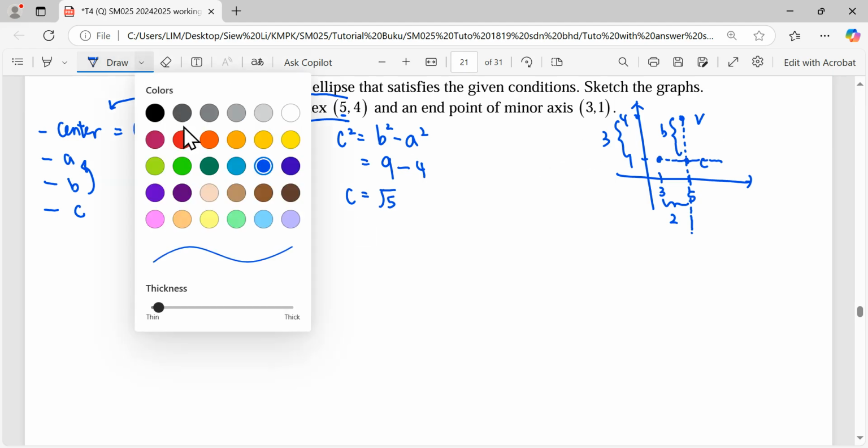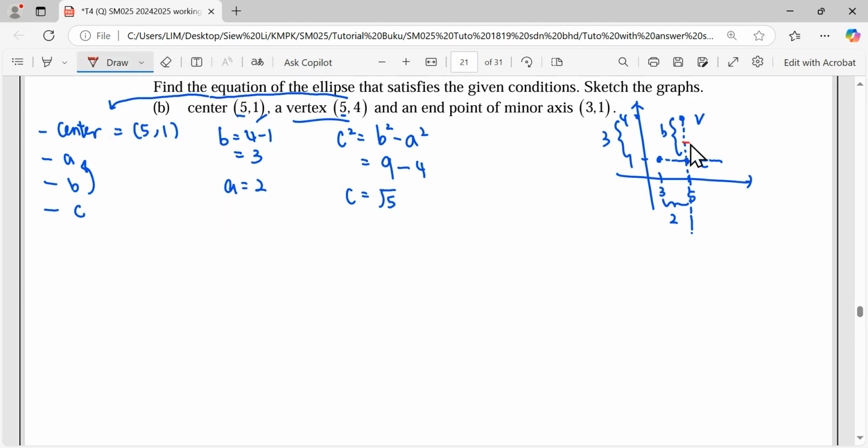The value of c helps us find the foci. From the center to the focus is the value of c. From the center going vertically is the value of b. From the center going horizontally is the value of a.